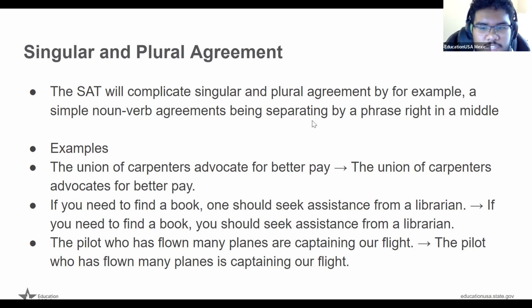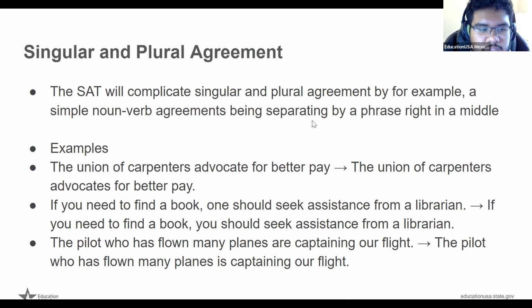Okay, so for the next example, we have: if you need to find a book, one should seek assistance from a librarian. Here, it's kind of weird because the subject of the sentence has already been established by the first dependent clause.